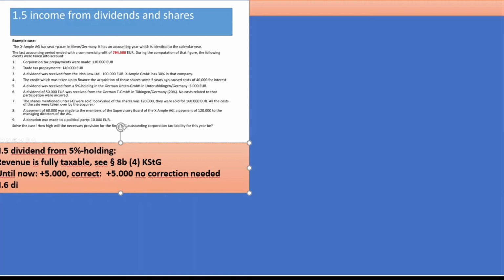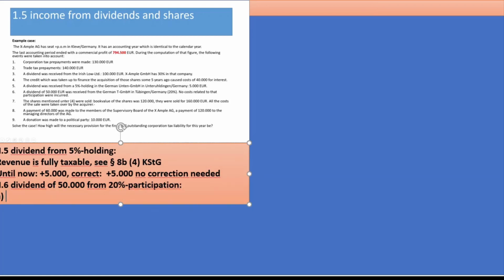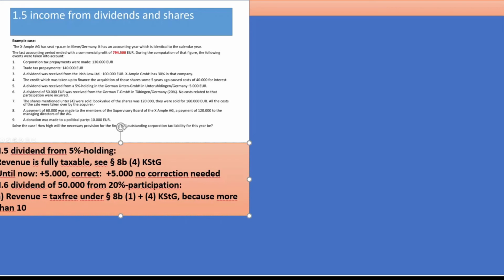2.6, the dividend of 50,000 from 20% participation. Again, probably we are boring you, but the revenue is tax-free under paragraph 8b1 plus 4 KStG because more than 10% of the shares.